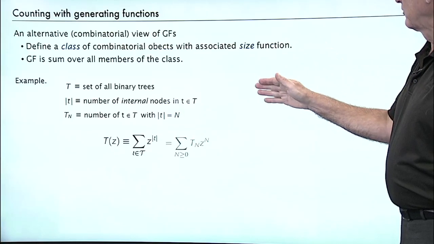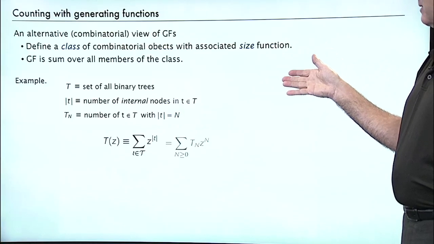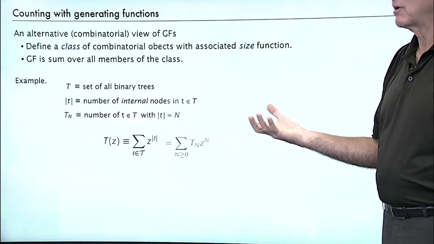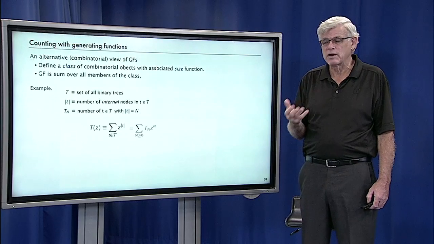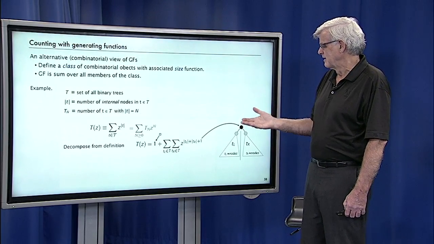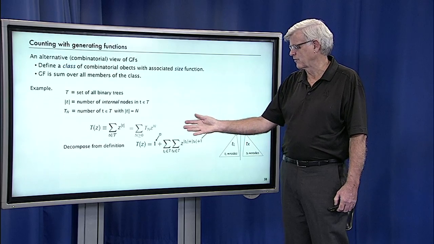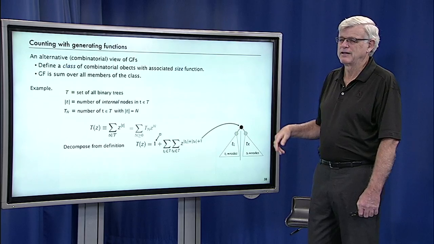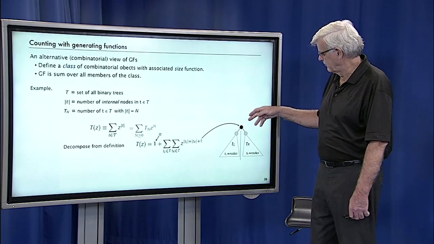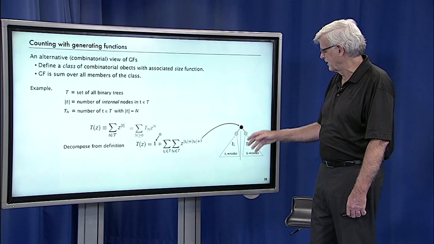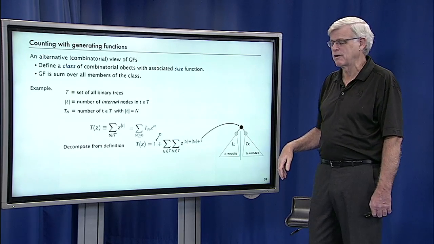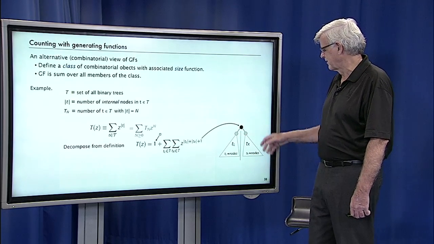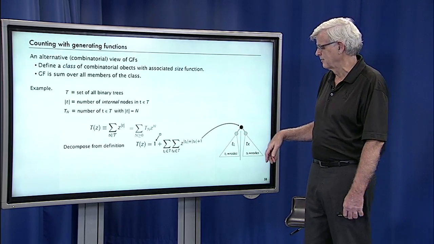The reason that's helpful is that we can look at the way that we define the combinatorial structures to give us the equation that we want for the generating function. This is how it works for binary trees. The definition of a binary tree is that it's a root node with a binary tree on the left and a binary tree on the right. Say on the left there's T sub L internal nodes, on the right there's T sub R internal nodes.